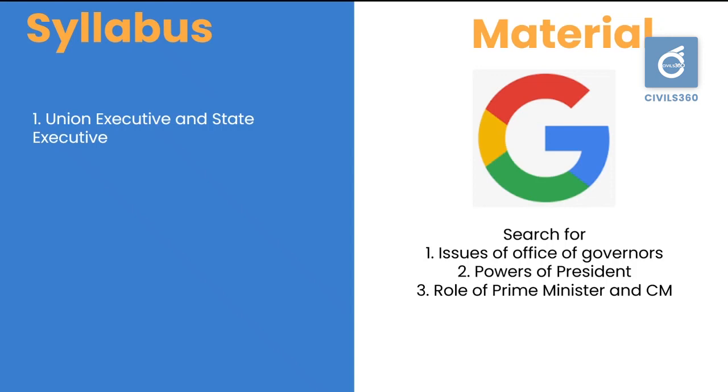You will get 1 or 2 articles regarding the same. Get the idea, because in mains you will have questions in such a way that requires analysis of issues of various officers and various systems of the Indian government. So it will be beneficial for you to read these.